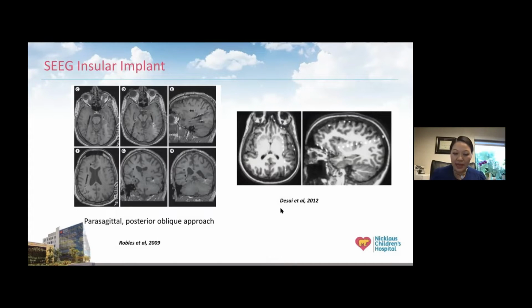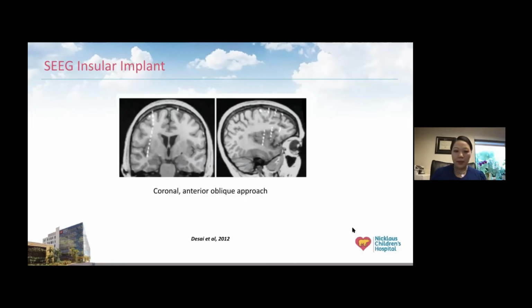Specifically, this type of parasagittal posterior oblique approach described by different authors involves insertion of these electrodes into the insula from a parietal occipital parasagittal entry point. And in addition to that, there is the coronal anterior oblique approach, where there is insertion of a depth electrode through an anterior frontal entry point.